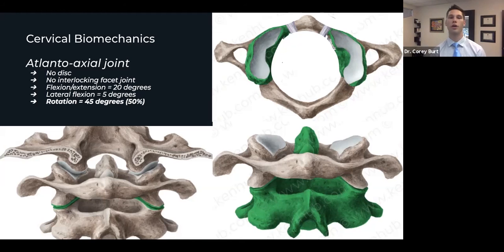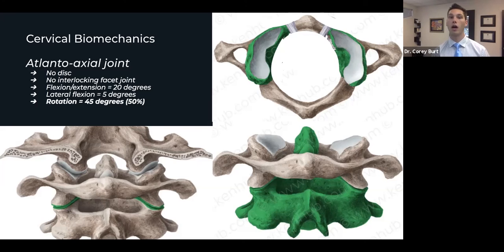Look at all the range of motion you have. That's because of the C0-C1-C2 joint anatomy. Just think about it: if you had a disc and interlocking facet joints, there's no way you would have the amount of mobility in your head and neck that you do right now.